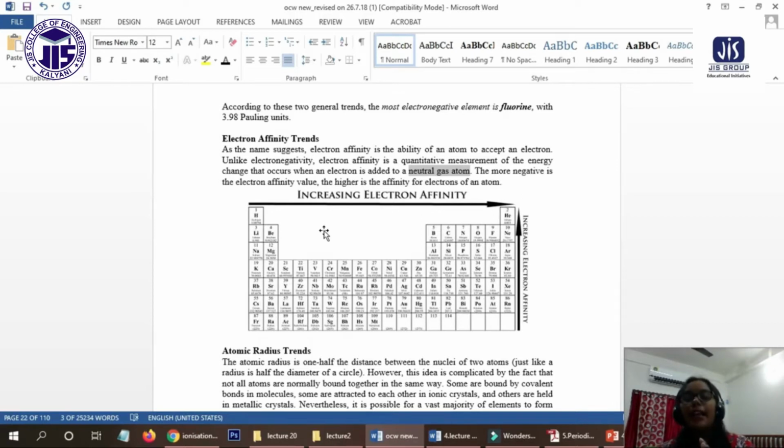So if we add one electron, that electron will be held by the nucleus very strongly, so it will be stabilized, and that is why a higher amount of energy will be released. That is why electron affinity will increase.